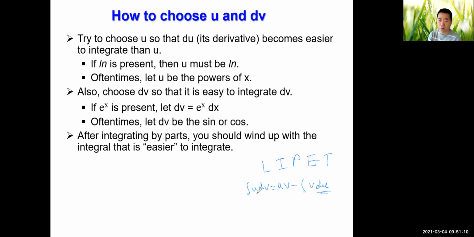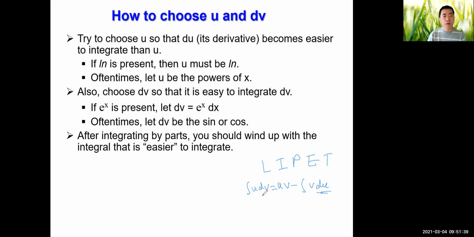I don't know how to integrate natural log, but its derivative is 1 over x, and I can integrate 1 over x. Also, oftentimes U should be powers of x or a polynomial, because when you take the derivative the powers go down, so the new integral will be easier than the original.